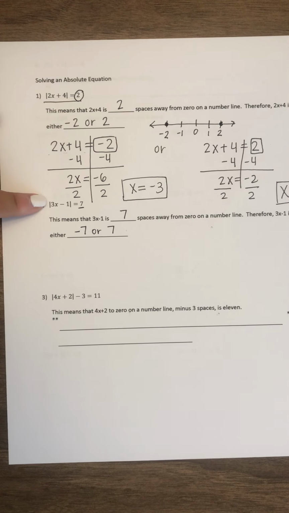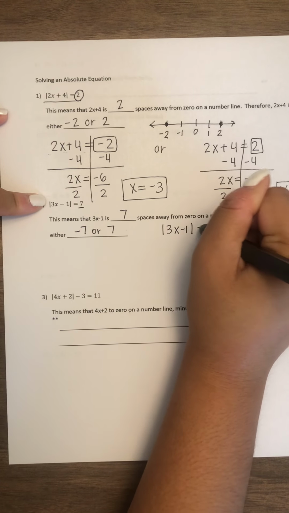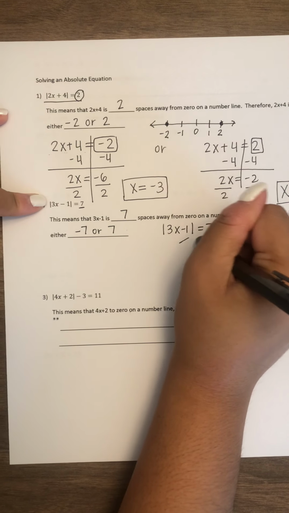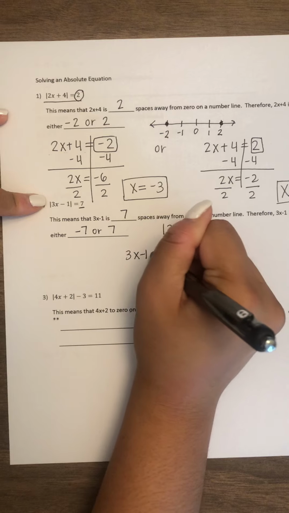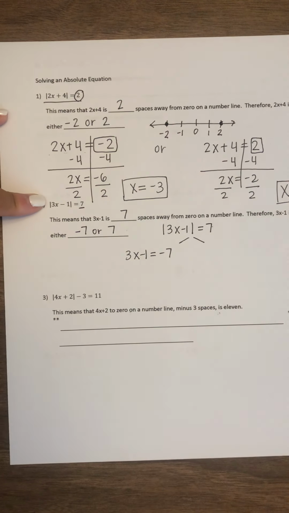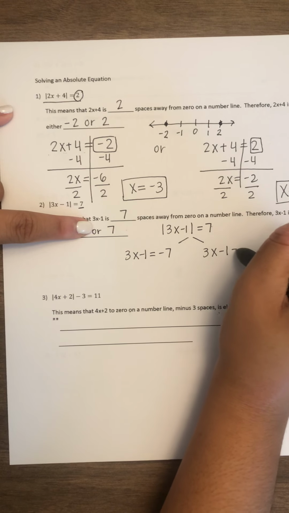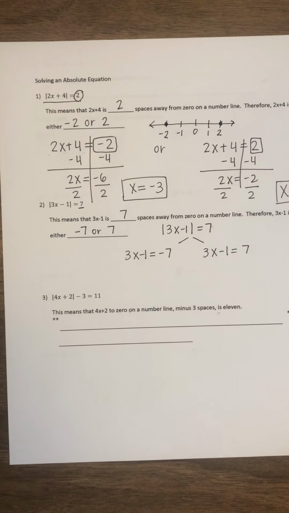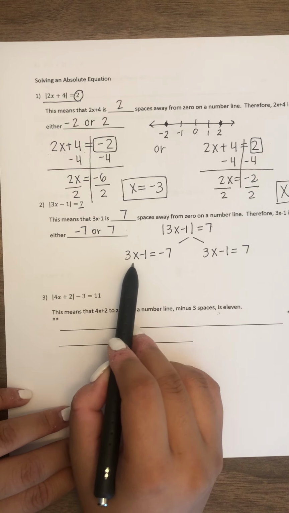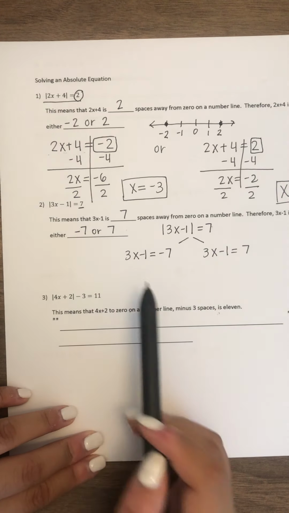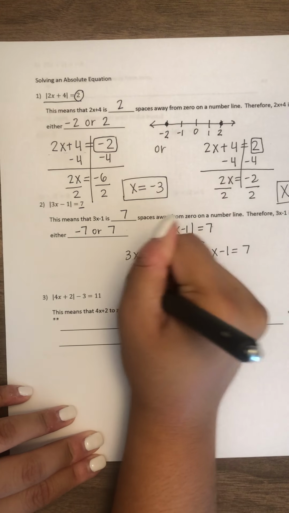That means now we can break up this equation into 2 new equations. So 3x minus 1 equals -7, or 3x minus 1 equals +7. So I'm going to look at this one first. I want to get 3x by itself, so I'm going to undo this -1 by adding 1 to both sides.